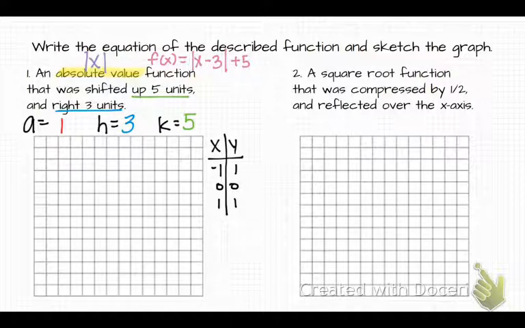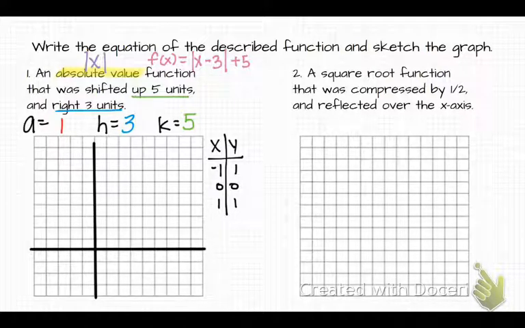The a value is 1, so I don't have to multiply it by it. Later I might have to. And then I'm going to draw my axes a little bit off-center this time because I know that I'm going to need to go right and up. So I want to make that quadrant have a little bit more space so I don't run out of room on my graph, okay?